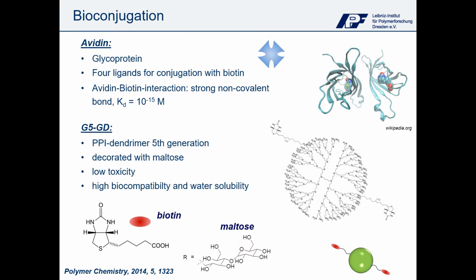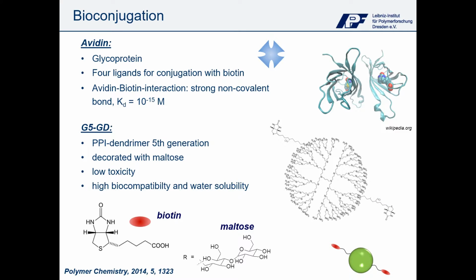Now I will show you another example in which two components are combined within one system. One of them is a synthetic dendrimer, which is functionalized with maltose units in order to obtain a non-toxic and well water-soluble dendrimer. Additionally, it is functionalized with biotin units.